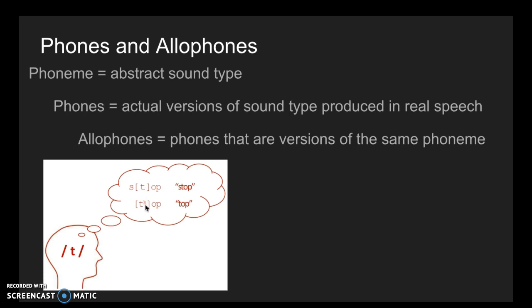And then here that little H stands for the aspirated T. It's a stronger sound with the puff of air. So it's the difference between T and T, right? So because we don't differentiate between this T and this T when we're thinking about the idea of the sound of the T, we call these two allophones.